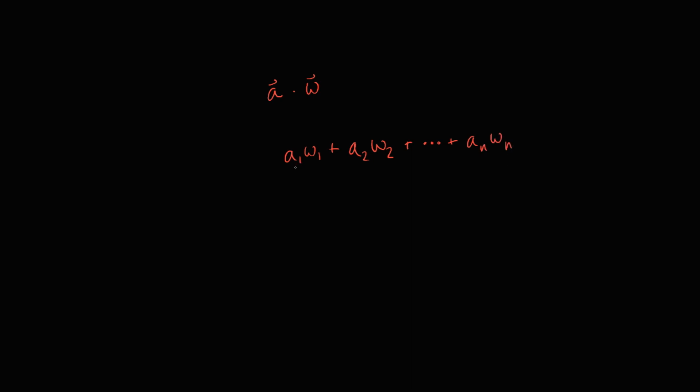And you can kind of see that this acts as a weighted sum. So w1 would be the weight of the first component, w2 would be the weight of the second, and this ends up being really important if you're looking in machine learning, and neural networks use a lot of weighted sums. And that's essentially the foundations for how neural networks work. So, dot products are incredibly important in a lot of different applications.